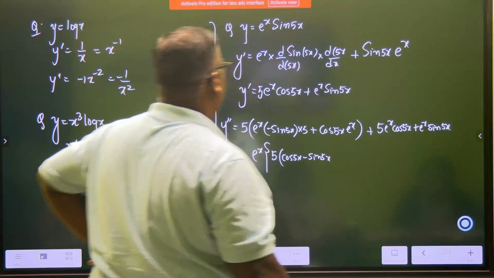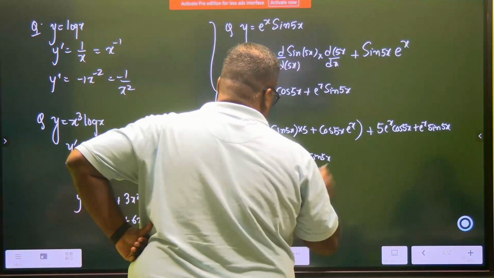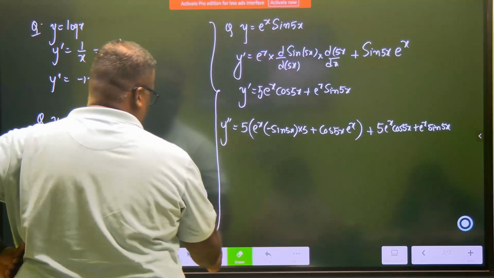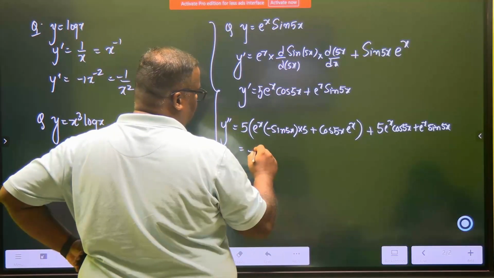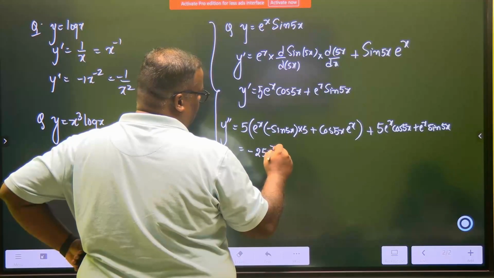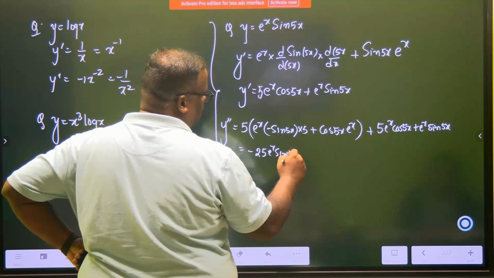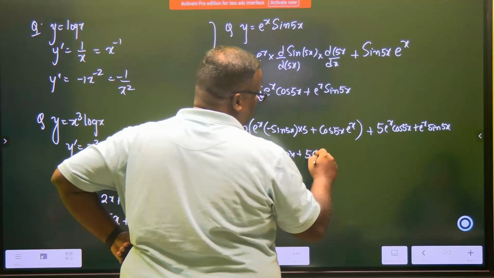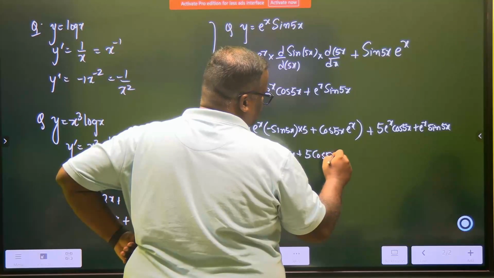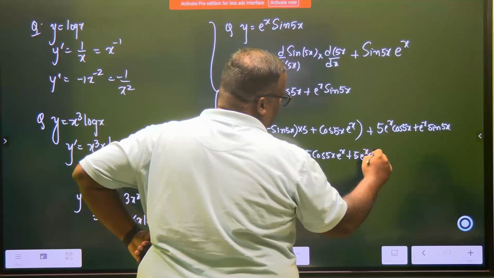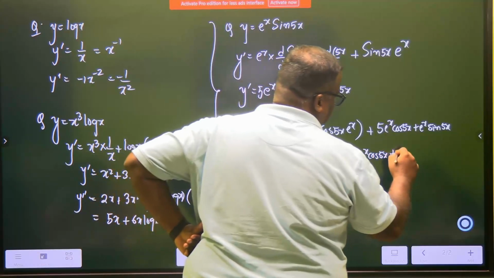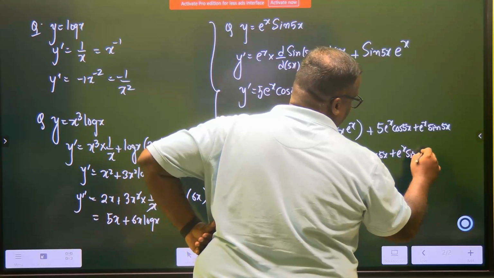You've got a 5 here also. So this becomes negative 25 e to the power x sine 5x plus 5 cos 5x e to the power x plus 5 e to the power x cos 5x plus e to the power x sine 5x.